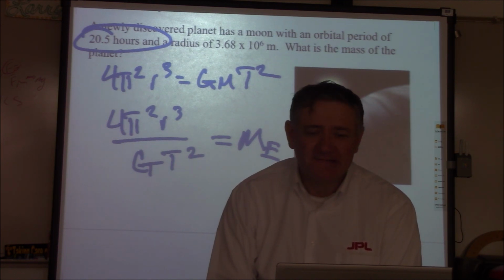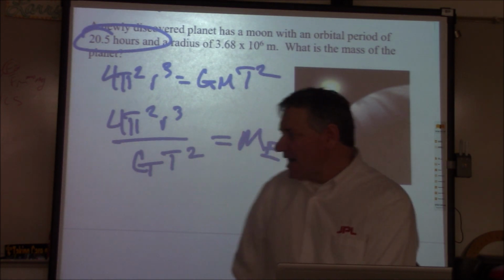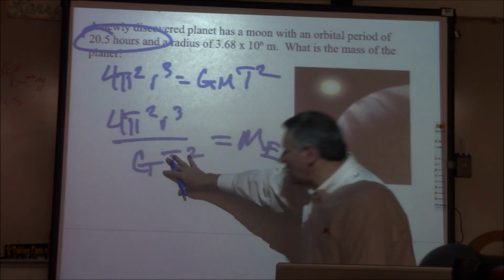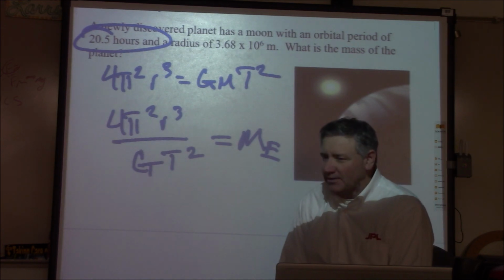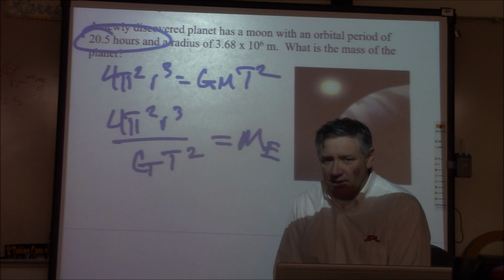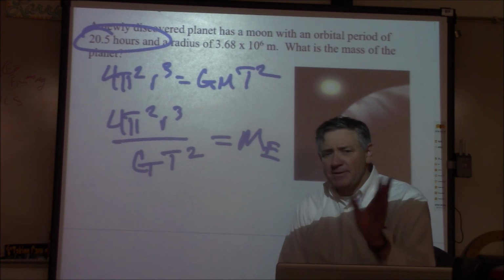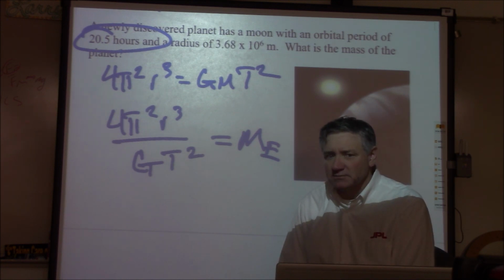Convert it to seconds. Yeah, you're not going to convert it to seconds. You're going to look at 20.5 hours and put that number in right there, and you are going to get an answer bigger than the mass of the sun. Trust me, you will get an answer bigger than the mass of the sun. Maybe borderline black hole kind of mass.